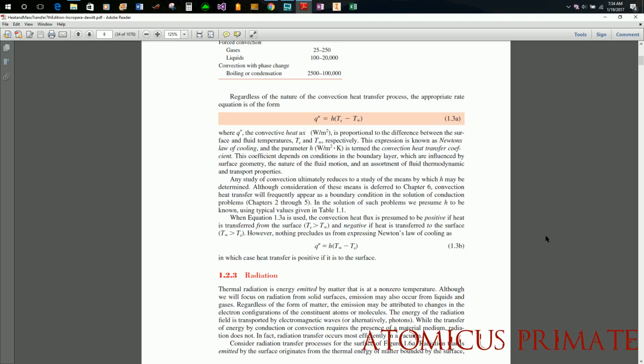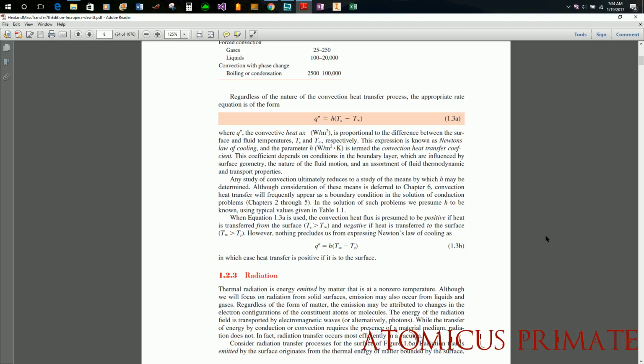When equation 1.3a is used, the convection heat flux is presumed to be positive if heat is transferred from the surface, and negative if heat is transferred to the surface. So it's good to lose your heat. It's positive to lose your heat if you are the surface, and negative to gain it.